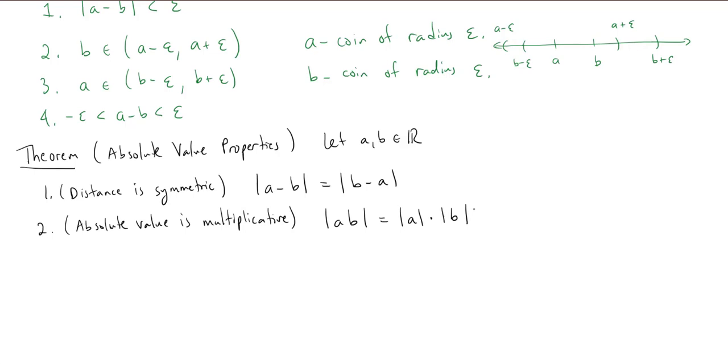Well, if it's multiplicative, then maybe there should be something like additive, right? What if I put a plus instead of a times between everything? And it turns out that the absolute value does not work that way. So that's our third property. And this is the really important one, and this is where we need our inequalities. This is called the triangle inequality.